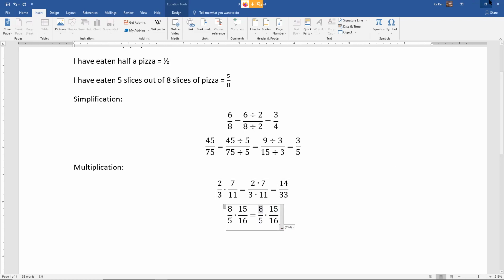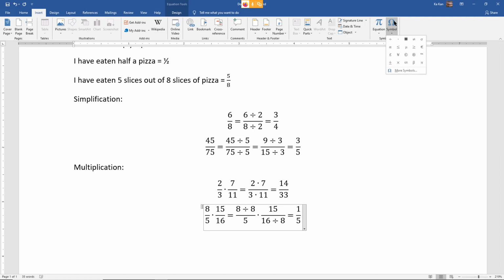Up here, I'll do divided by 8, and I go to the bottom here and divide it by 8. You don't have to write this when you actually solve the problem. It just helps me explain what's going on. You could simply do 8 divided by 8 in your head. That'll be 1, right? 1 over 5, okay?